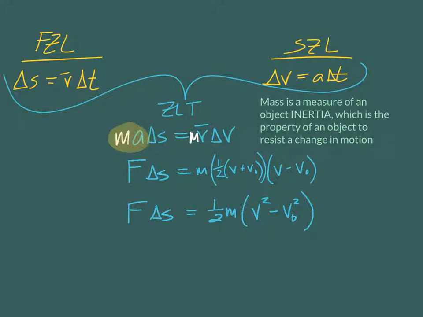Force times displacement equals 1/2 the mass times the difference of the squared speeds, final and initial. And so if the initial speed was 0, you just get 1/2 mv squared, which is a pretty common description of something called kinetic energy. So let's give some attention here to this.